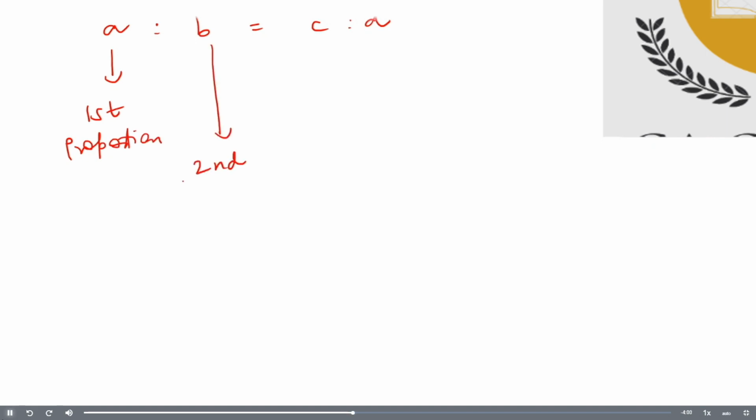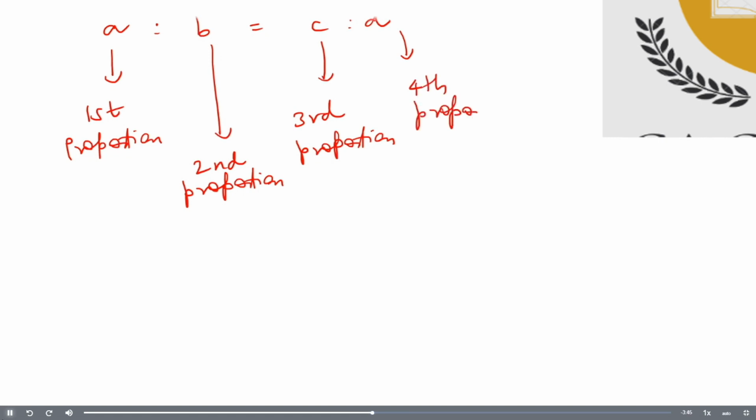Now let me show you one important point here before we start some problems. We know that A is to B is equal to C is to D. This is an example of a proportion. Here, A is called the first proportion, B is called the second proportion, C is called the third proportion, and D is called the fourth proportion.